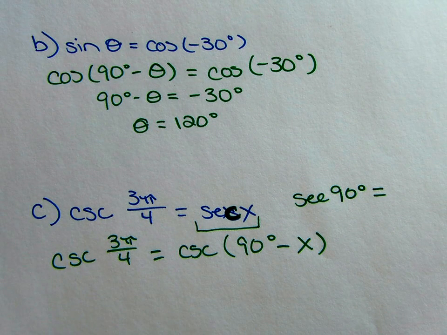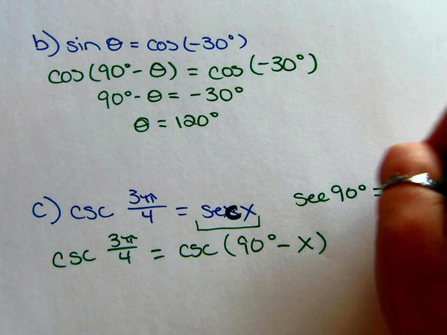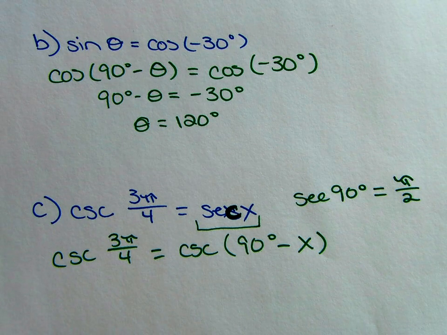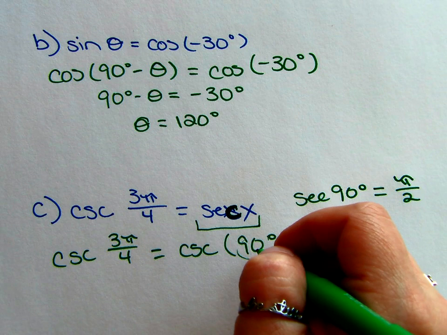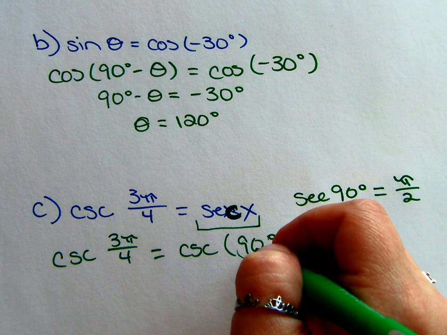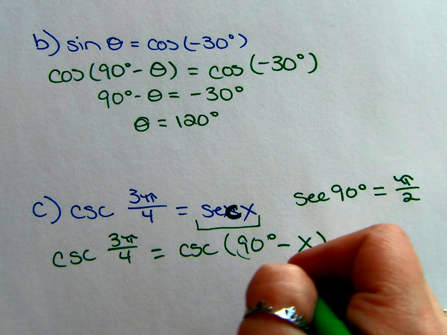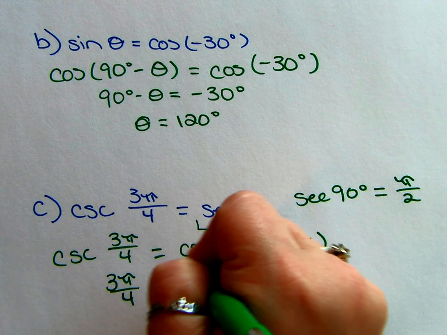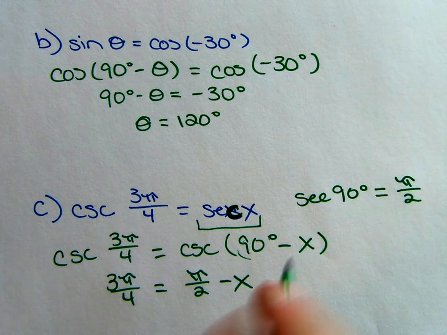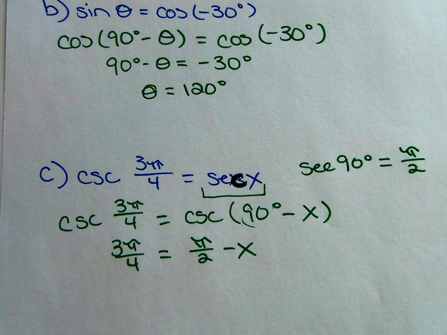Well, it's pi over 2. So in here, instead of writing 90, I need to write pi over 2. That way I have radians and radians, so that I would have 3 pi over 4 equals pi over 2 minus x. Because we don't want to have multiple different units going on at the same time.